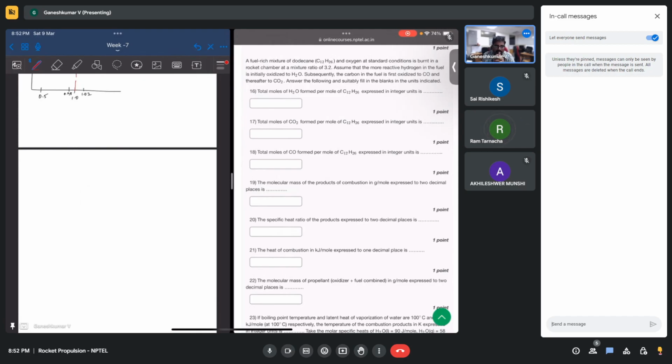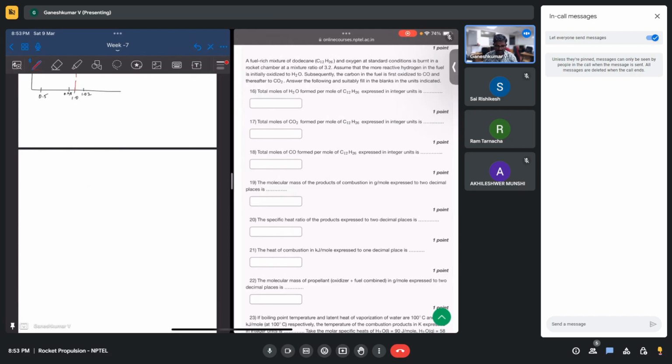I will first try to form CO2, and later CO. No, first it should be CO, after whatever oxygen is left over after water formation. Since it is C12H26, 13 oxygen atoms will be used for H2O.